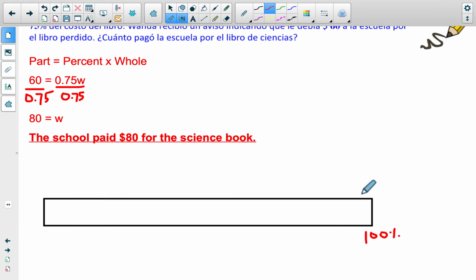Now, what we don't know is the 100%. We don't know how much the school paid for the book. We don't know the starting amount. What we know is they charge 75% if the book is lost. So this part I'm shading in right now. Or let's try that again. This part right here.